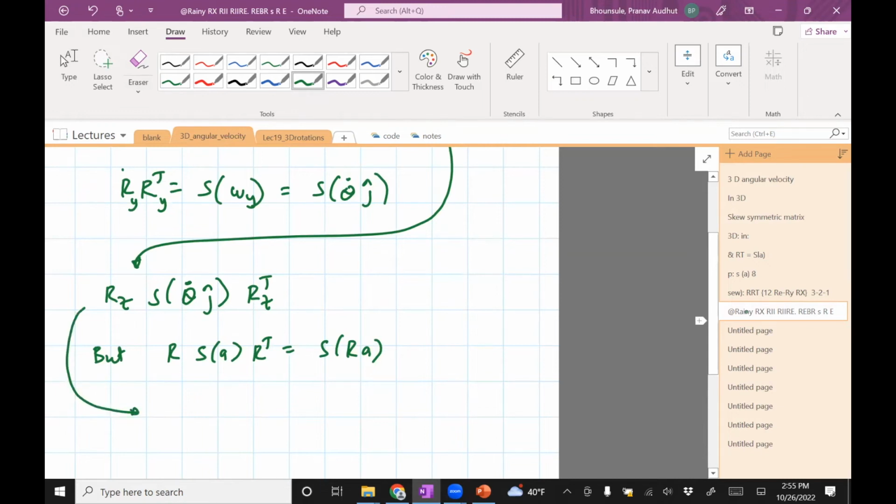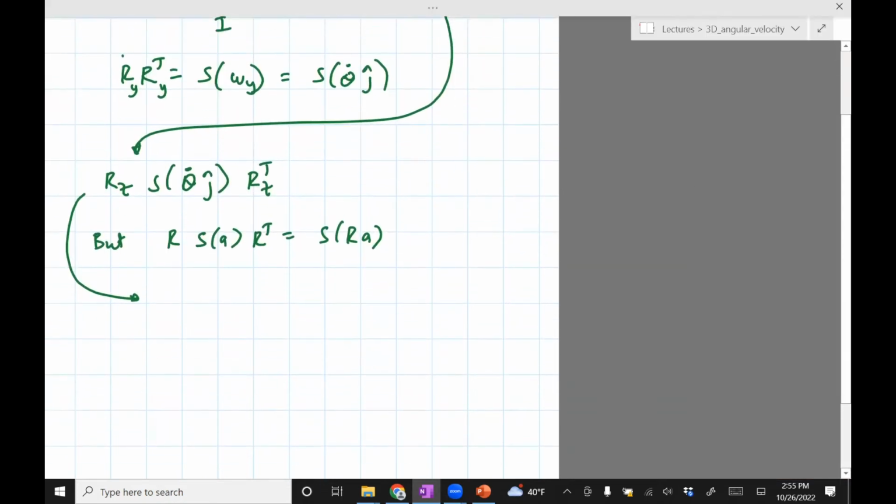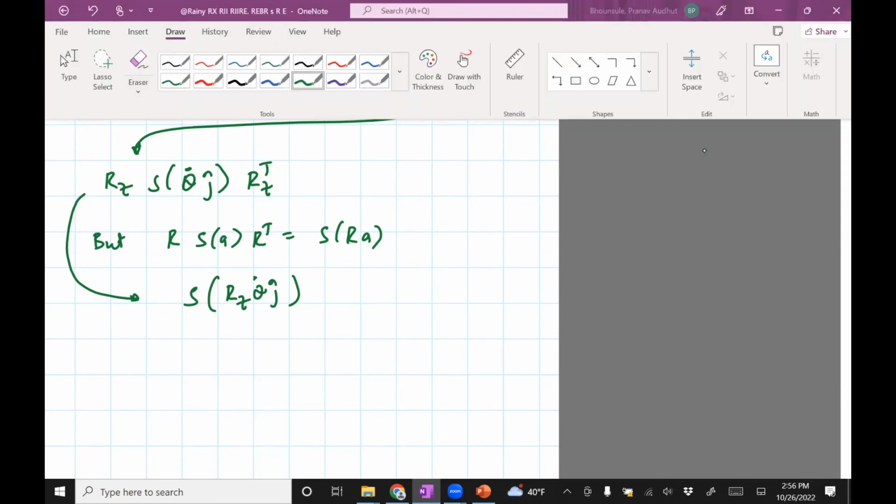Write this as S of RZ times theta dot J. Good. Okay, so that's the simplification for the second one. It boils down to RZ theta dot J. Okay, one more left.